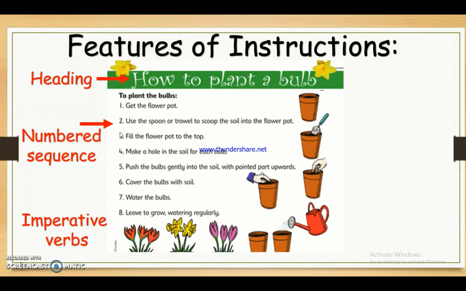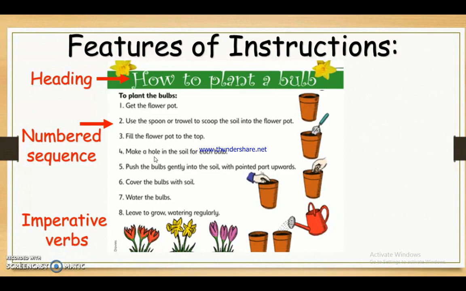Okay, so again, we need to write the title or the heading. Number two, we have to write things in order. And whenever we are writing things in order, we need to use imperative verbs. Get the flower pot. Number two, use the spoon. Number three, fill the flower pot to the top.